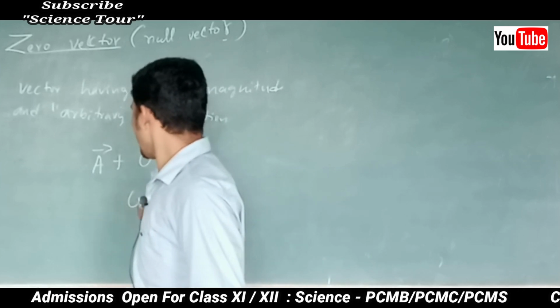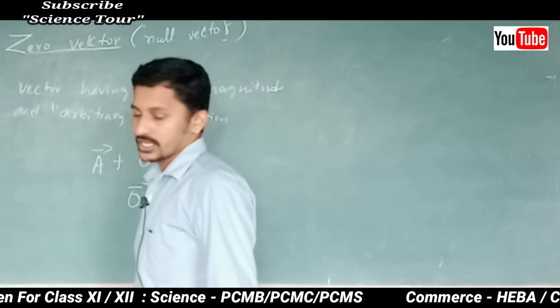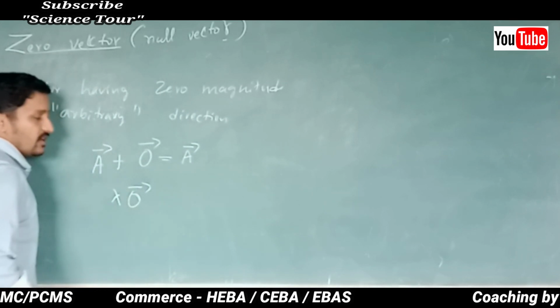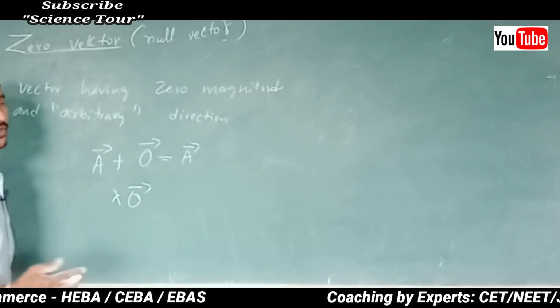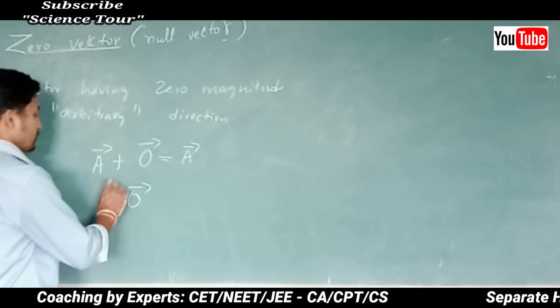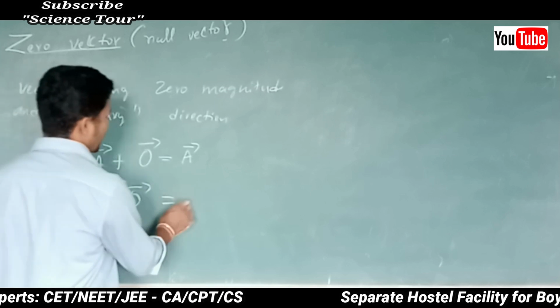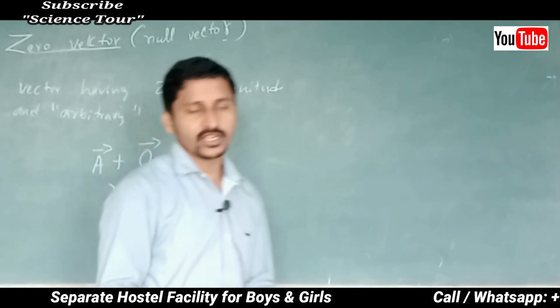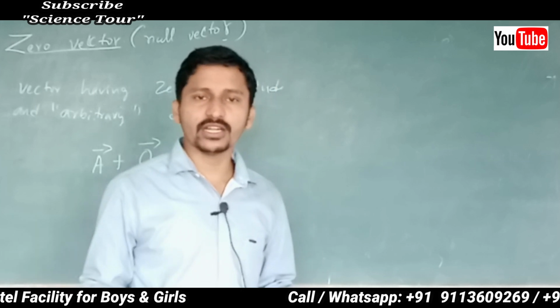Now a zero vector is already there. You multiply it with lambda. Lambda means some value, generally written as lambda. Whatever you multiply with nothing, what do you get?